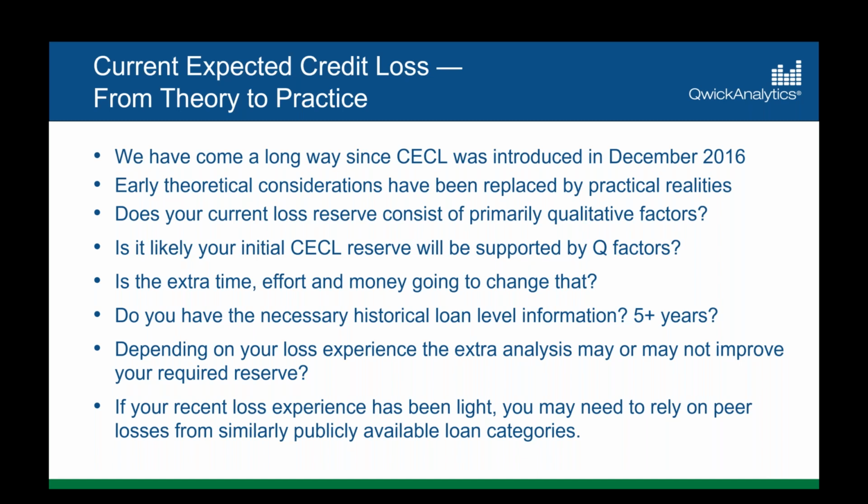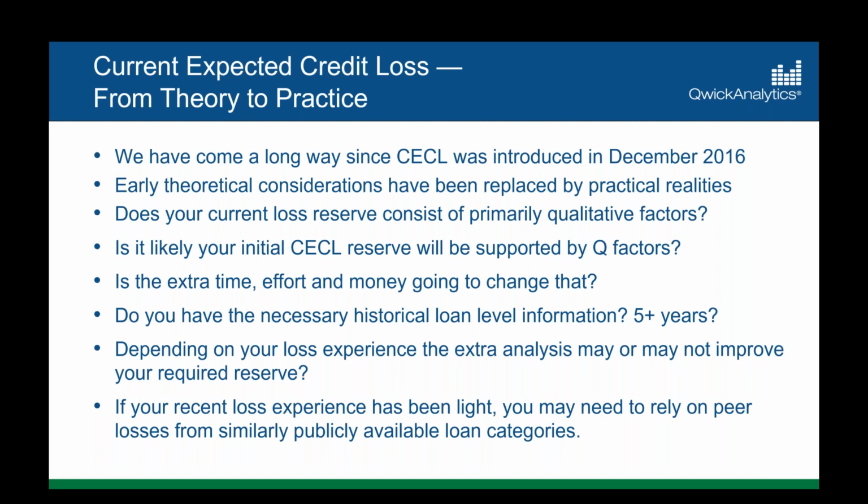But the honest answer is that for community banks under $1 billion or $2 billion in assets, the more straightforward methodologies like the WARM method have been shown time and time again to be perfectly acceptable. Now, there's always exceptions to any rule.